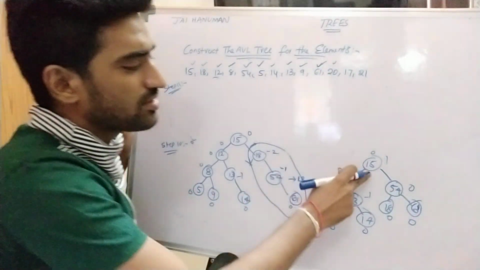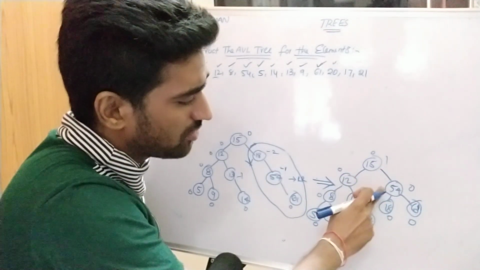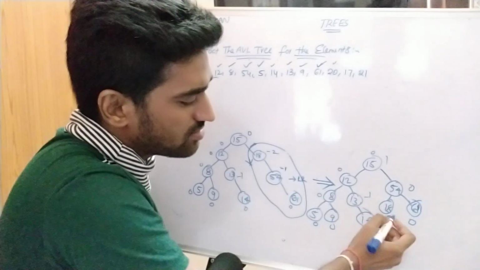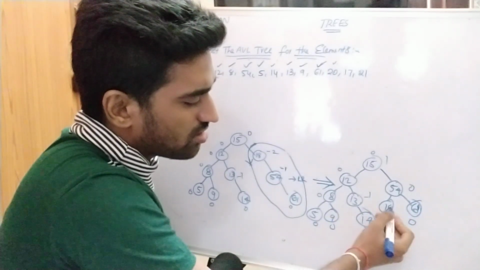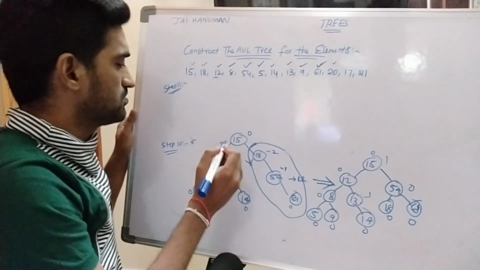So 20 is greater than 15. Obviously, it can be placed at right subtree. When compared to 54, it is less, move to 18. When compared to 18, this is greater. So that's why you can place it at right of 18.